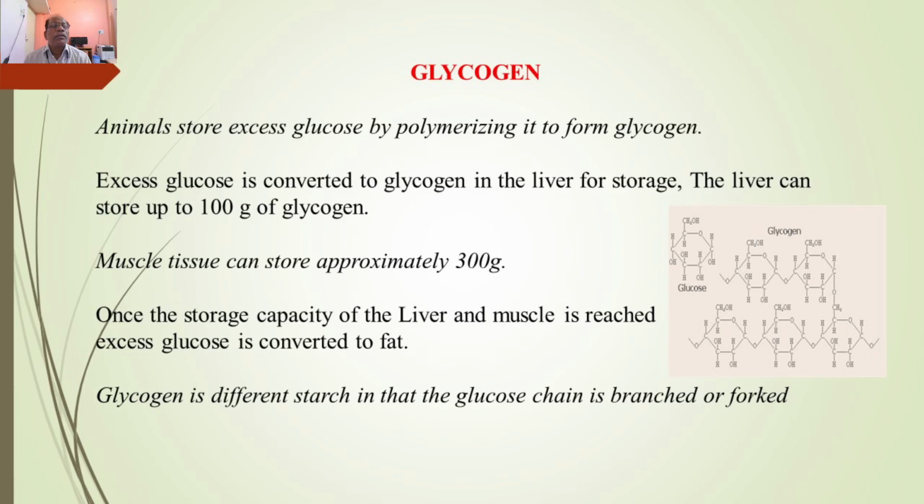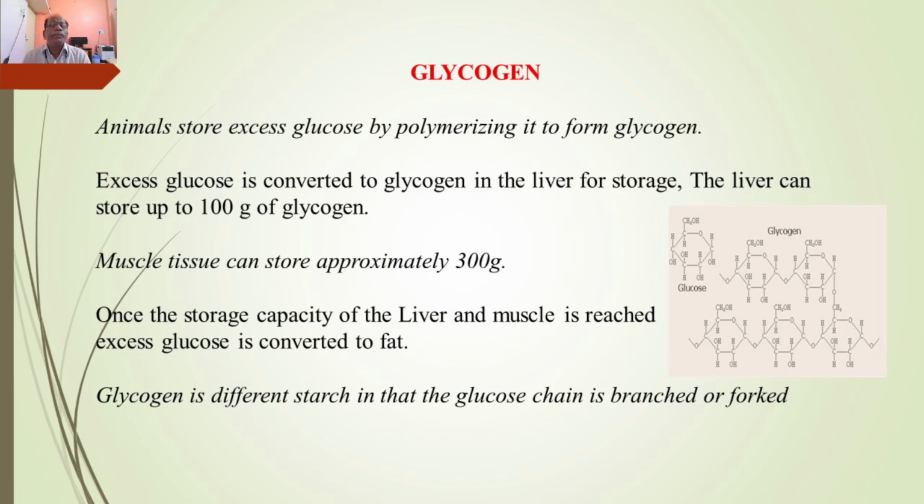So animals transform glucose molecules into a complex carbohydrate or polysaccharide, that is glycogen. Animals store excess glucose by polymerizing the glucose monosaccharides into glycogen.